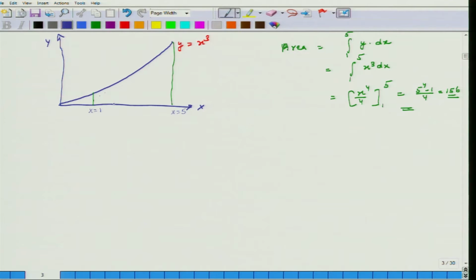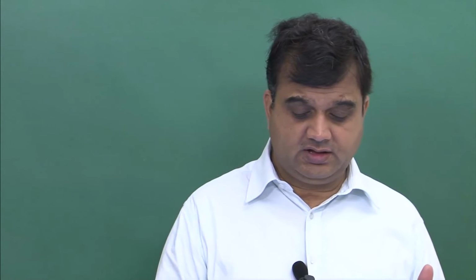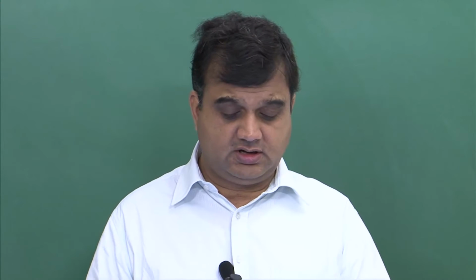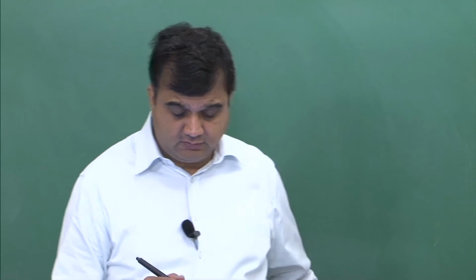Let us say here x is equal to 2, 3, 4, and I am going to break this area into small pieces. So, my domain, that is the range of x, is from x equal to 1 to x equal to 5, and I have broken my domain into 4 elements. First element is x equals 1 to 2, second element is 2 to 3, third element is 3 to 4, and fourth element is 4 to 5.